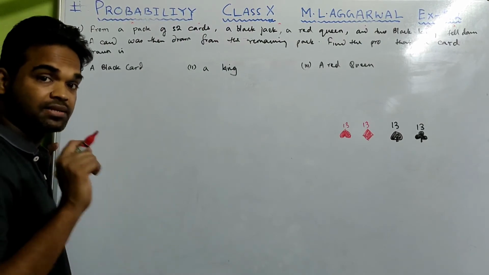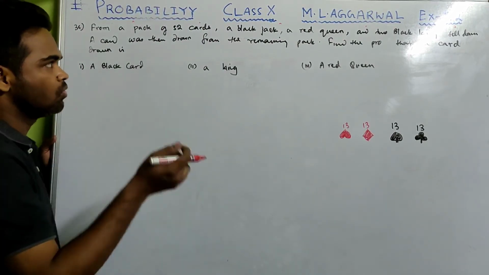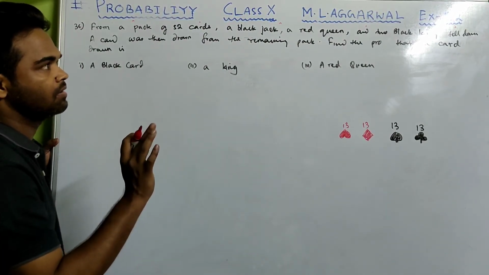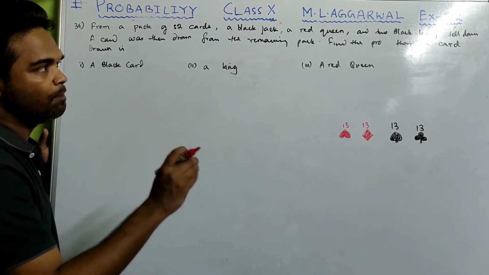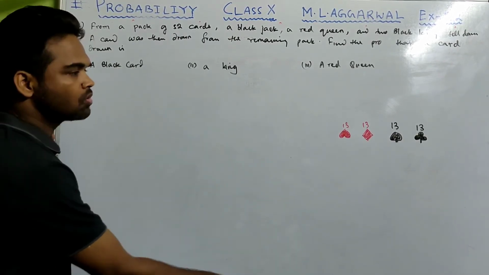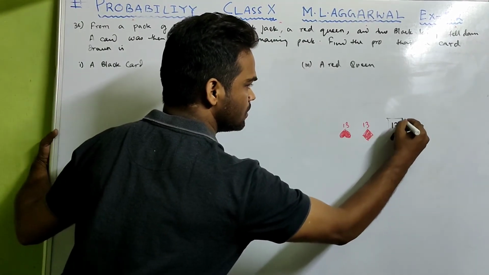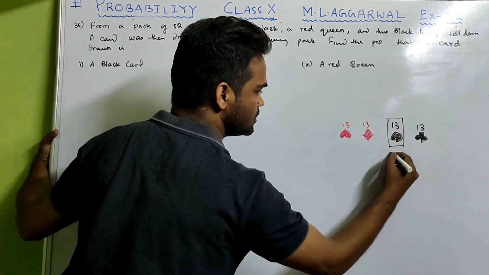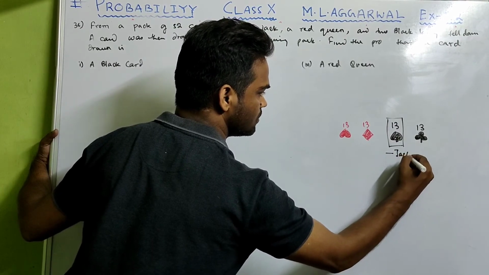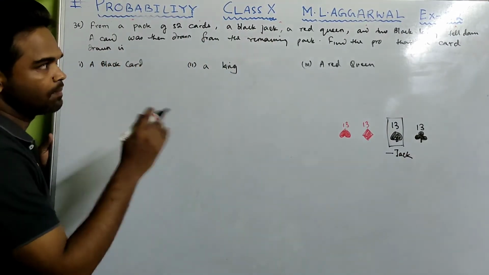Now look at number 36. From a pack of 52 cards, a black jack, a red queen and 2 black kings fell down. Assume that a black jack from here, jack fell down. So we are subtracting the jack.